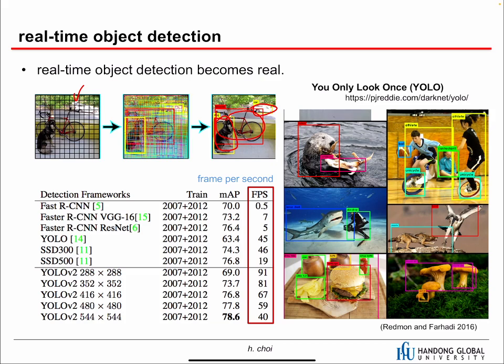But recently, YOLO version 4 was proposed, and I think YOLO is the most powerful or famous object detection algorithm. In 2016, if you take a look at this table, the accuracy is quite good. And if you look at the frames per second, if it is 40, then this algorithm can be applied to video in real time.